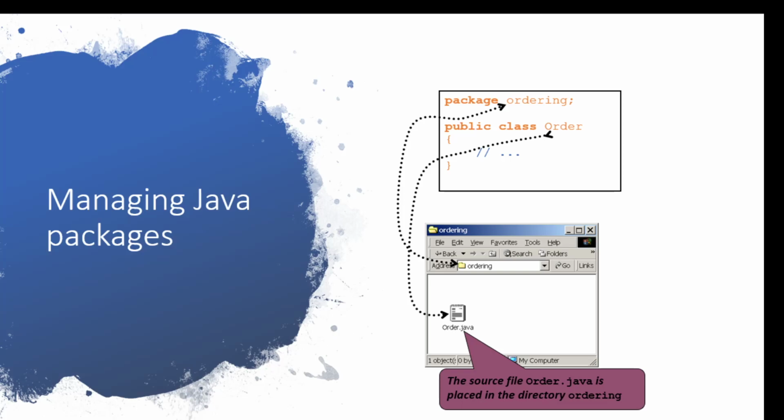So if I put packages inside of other packages, then I say ordering dot shopping cart, then I'd have to say I have a folder called ordering and a folder called shopping cart, and vice versa. Java really cares about the structure of the code and the structure of the files that's used to maintain and build that code.